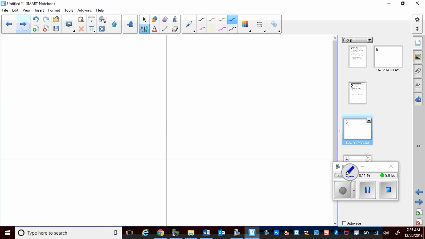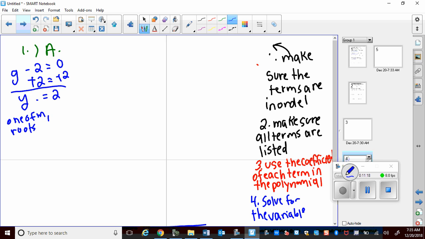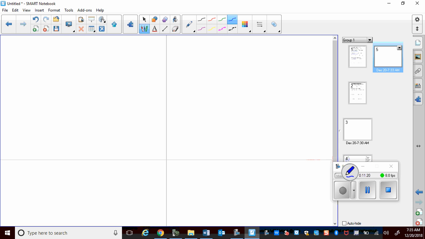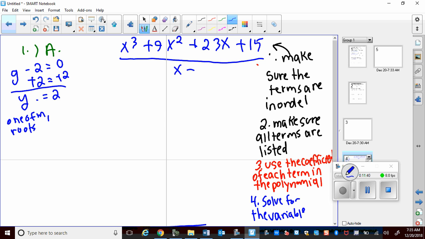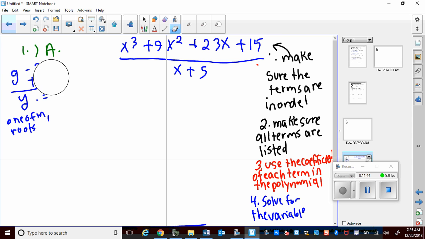Okay, so I'm going to use synthetic division again. I'm going to rewrite my polynomial. I have x cubed plus 9x squared plus 23x plus 15. My binomial I'm dividing by is x plus 5. So I need to get the roots.